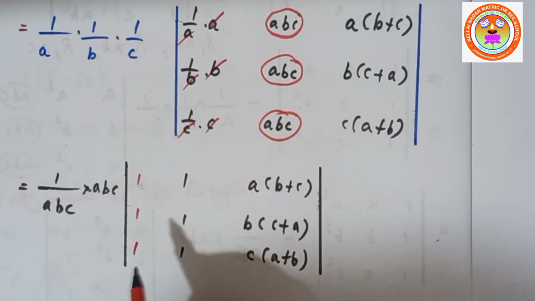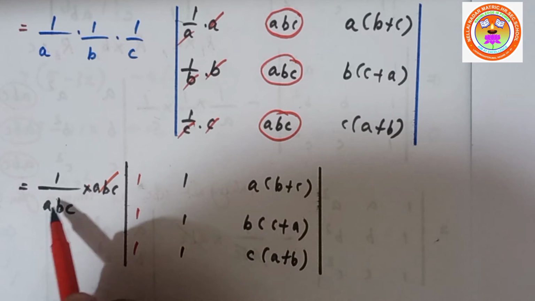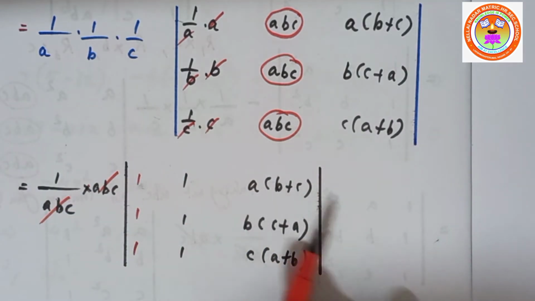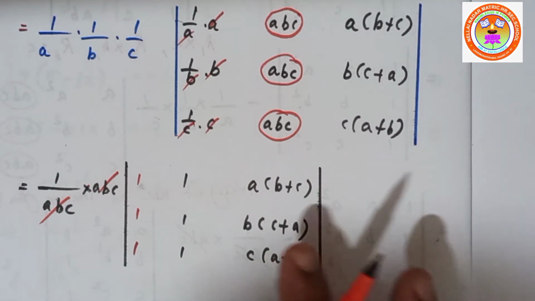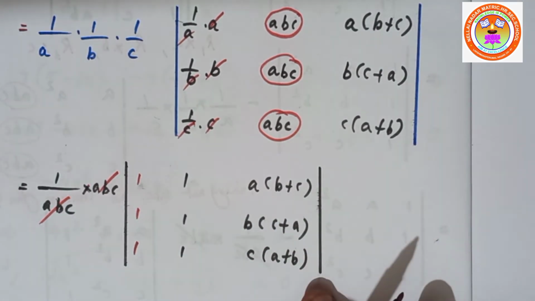So these two get cancelled. So ABC gets cancelled. So write this determinant. Okay, here 1 1 1, 1 1 1, A into B plus C, B into C plus A, C into A plus B. I write the determinant here.